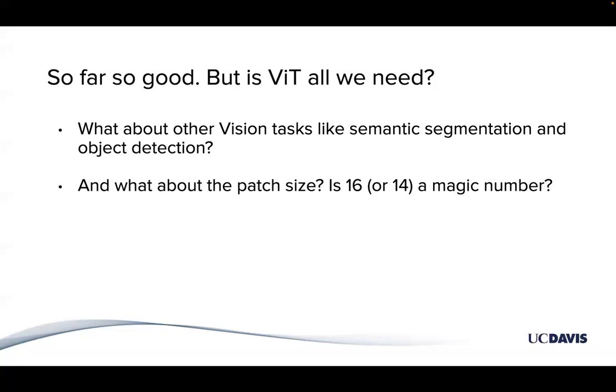So what happens when we vary the patch size? And what happens if we vary the input image size? From what we saw last week, if the input image size increases and we keep the number of patches constant, then more pixels, or more information, will go into the same patch, right?